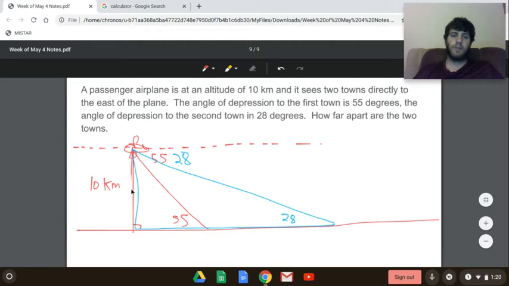So let's just look at the red one here. Okay, it's this red one. Okay, the angle is 55. Right, and we want to find this distance here. Right, so we're going to use tangent. So tangent of 55, opposite over adjacent, that's 10 over x. Right, multiply x on both sides. x times tangent 55 equals 10.